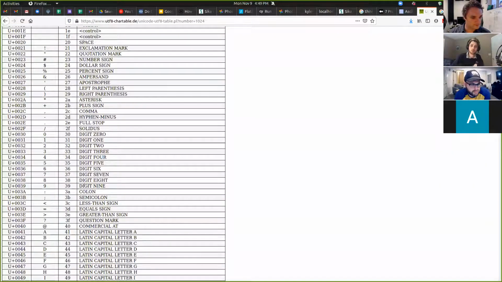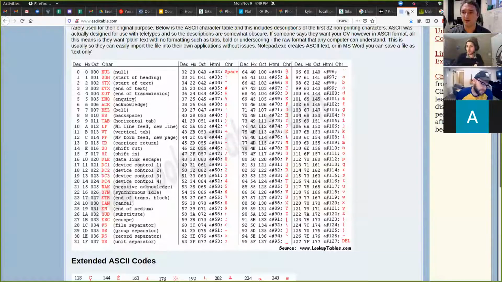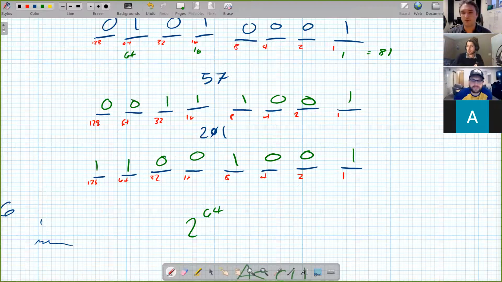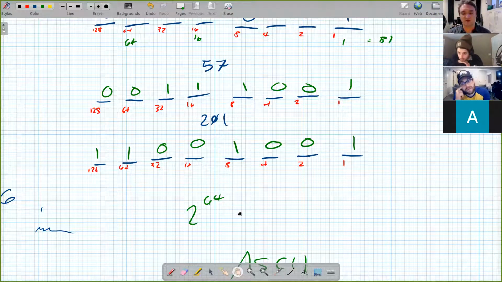Hex 41 is capital letter A. So UTF-8 is like a giant Rosetta Stone? Yeah, it's exactly what it is. And the first 255 characters of it are ASCII.